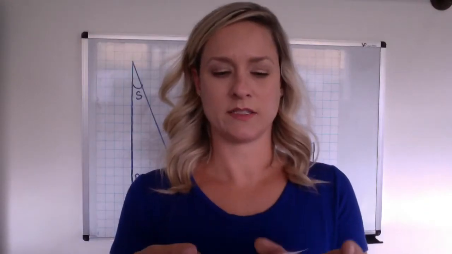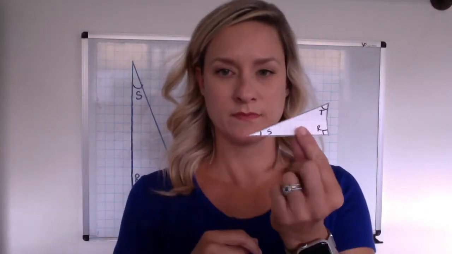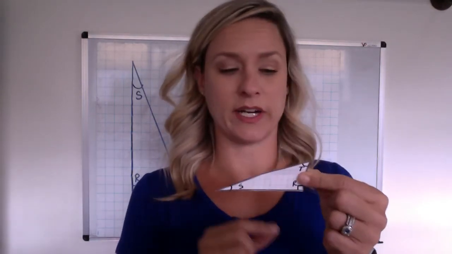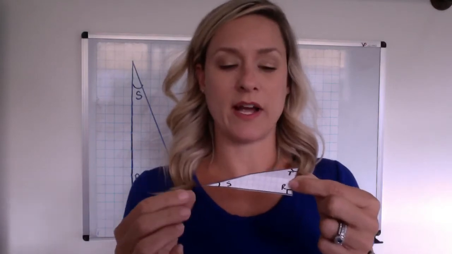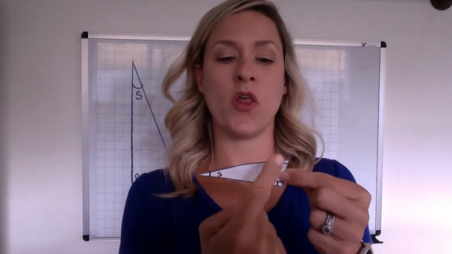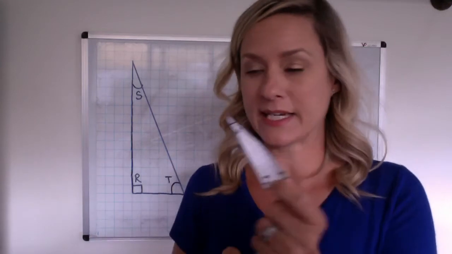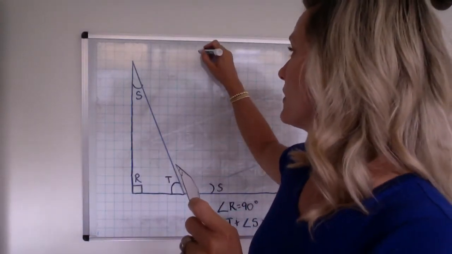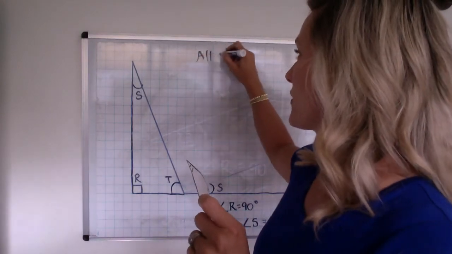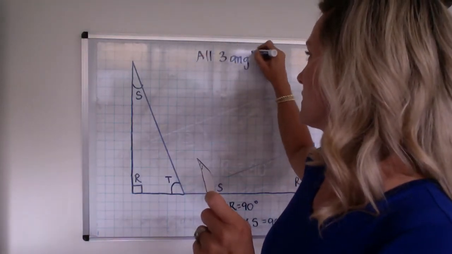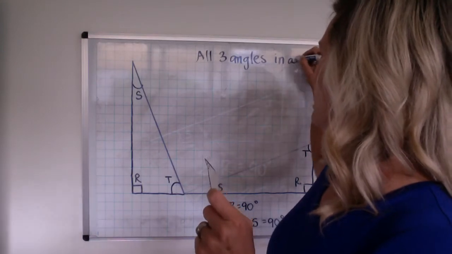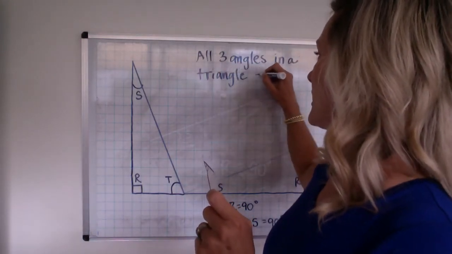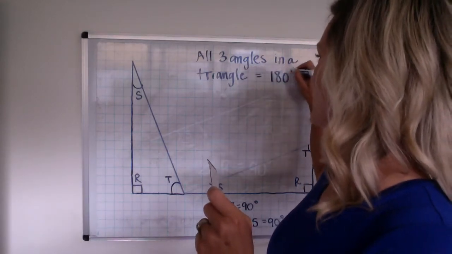All right, you guys. So we know we had this triangle, right? It's a right triangle. We know in a triangle, the sum of all 3 angles makes 180 degrees. That's just a fact that we know, right? So all 3 angles in a triangle equal 180 degrees.